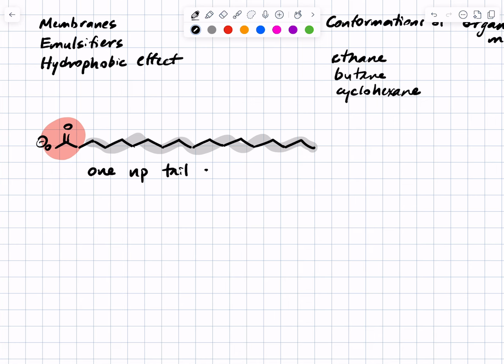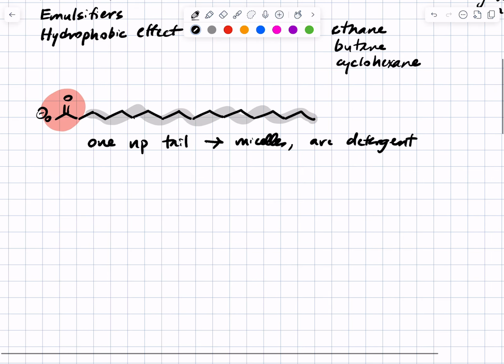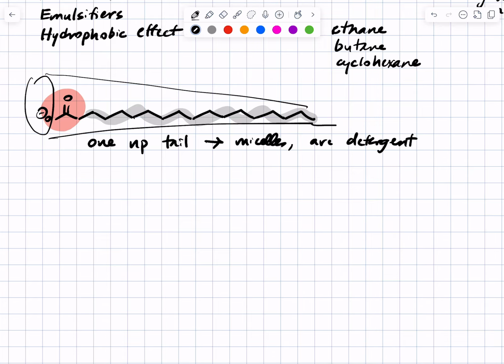Those tend to form micelles and are detergents, in other words, soaps. Those tend to solubilize greasy stuff and allow you to wash it away. And the reason for that is their conical shape, as we talked about last time. When they assemble to protect their nonpolar tails from water, and we will talk about why that is, when they assemble side to side, you get some curvature, you get a spherical assembly.